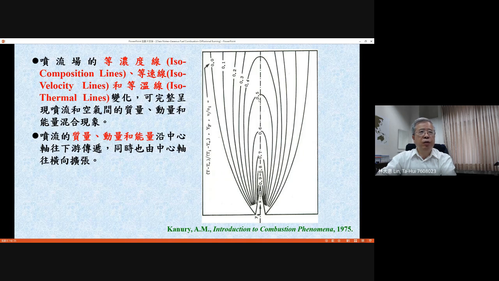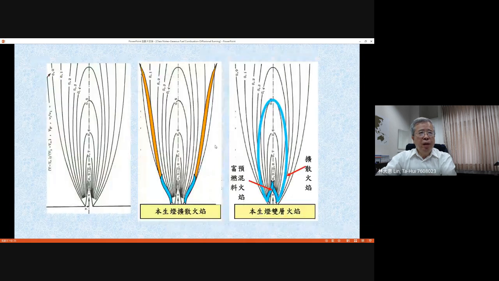You can refer to these curves. Now, if you have a cold flow structure like this for jet flow, you can identify and estimate the positions of the different kinds of flame you may have. For the diffusion flame, this is a typical one. Yellow represents a sooty flame, right? I already explained the jet diffusion flame has the yellow color.